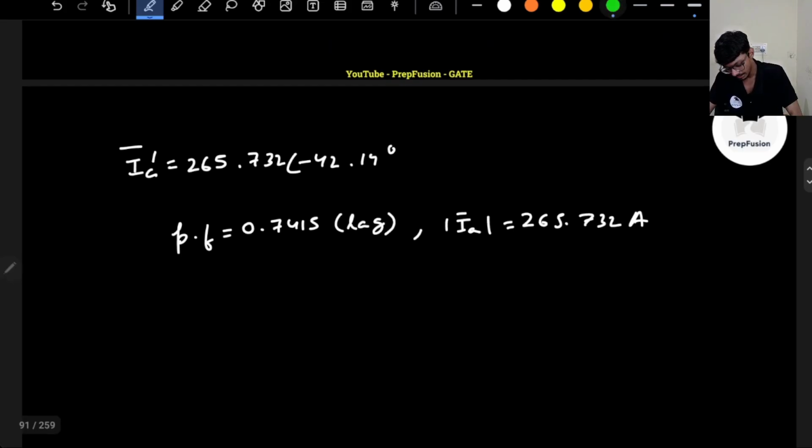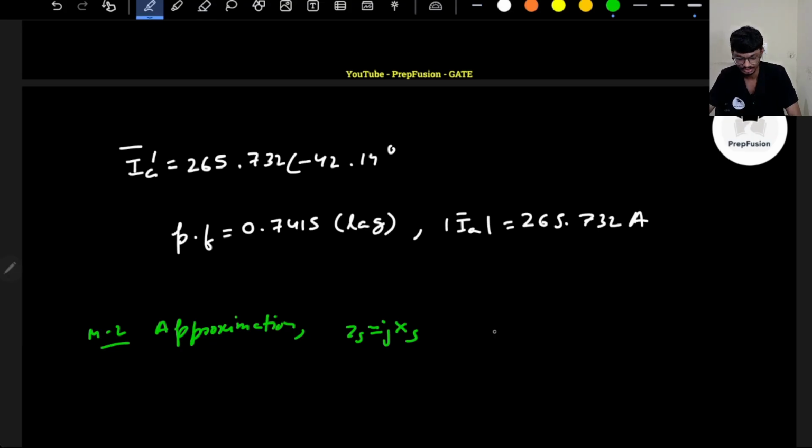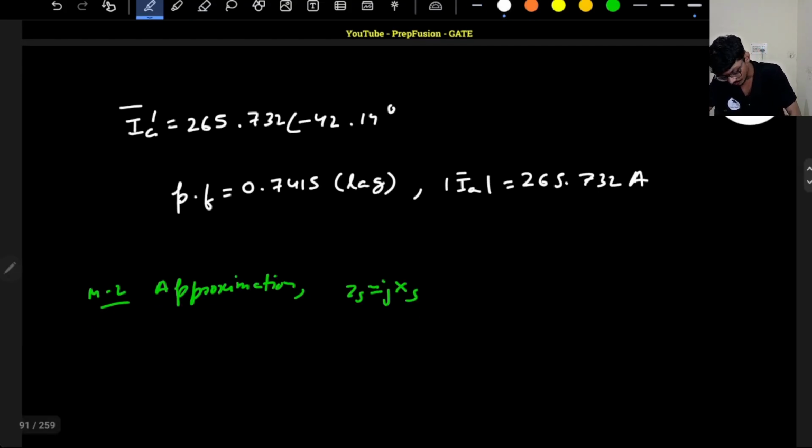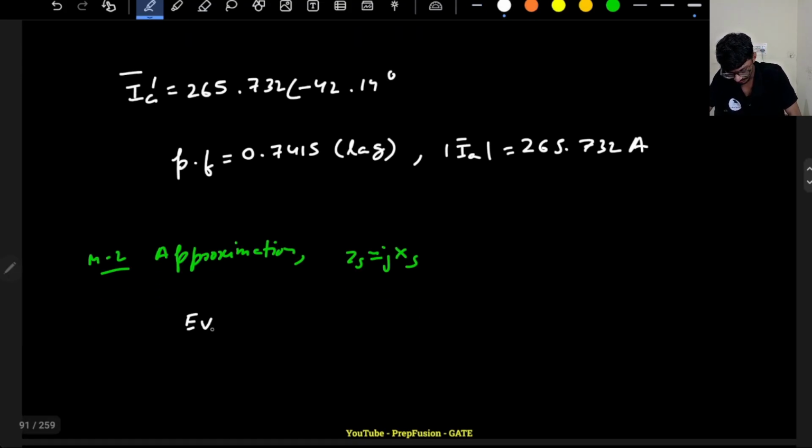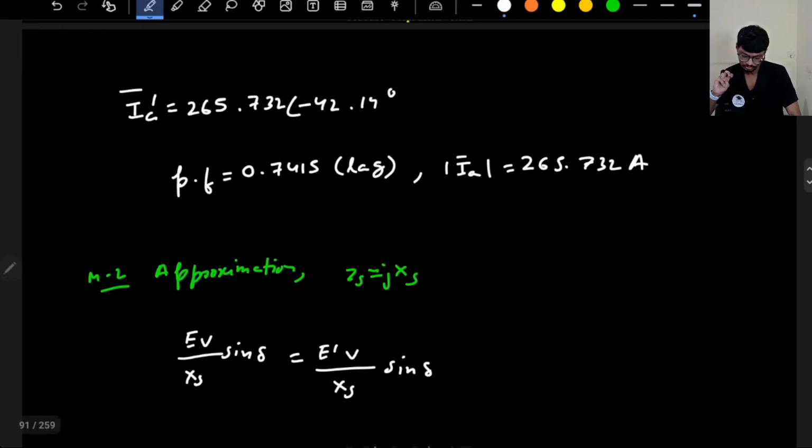Now if I use the approximation, what kind of approximation? If I tell you my Zs is roughly equal to jXs only, I neglect the armature resistance. Then I can directly write that E'V sine delta by Xs is equal to E'V by Xs into sine delta'.